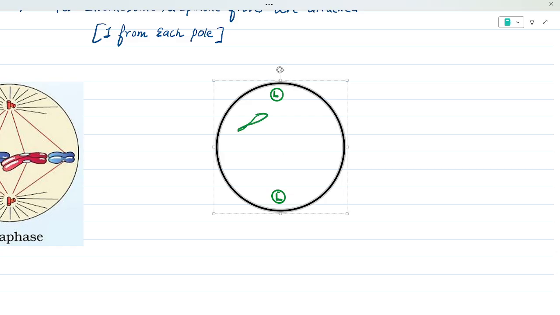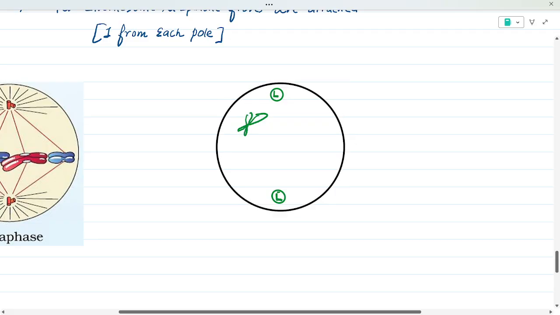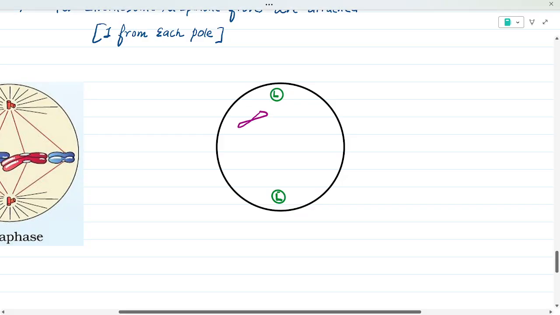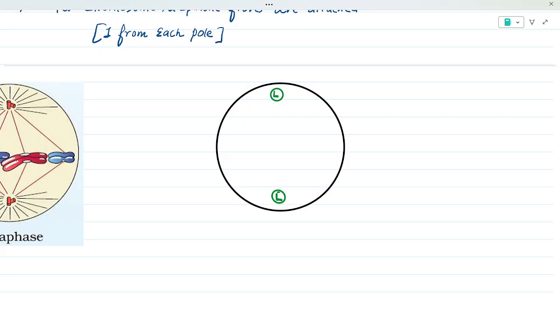Initially chromosomes were scattered throughout the cytoplasm like this.